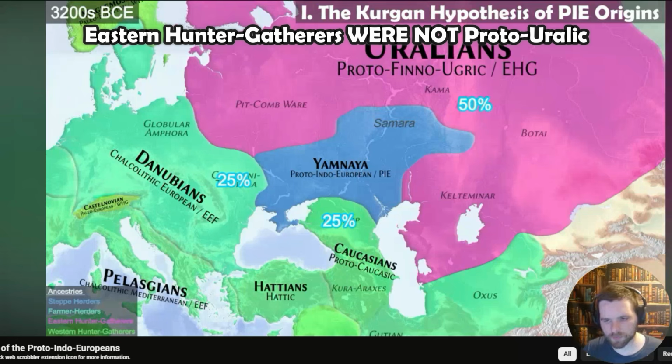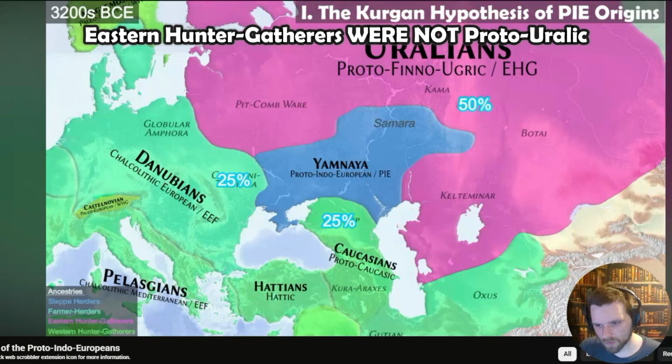It is not, however, true that the Eastern hunter-gatherers were the quintessential Proto-Finno-Ugric or Proto-Uralic people. And I had to dig pretty deep into this and look into all kinds of different models to explain who the Eastern hunter-gatherers, as we call them archaeologically, are.